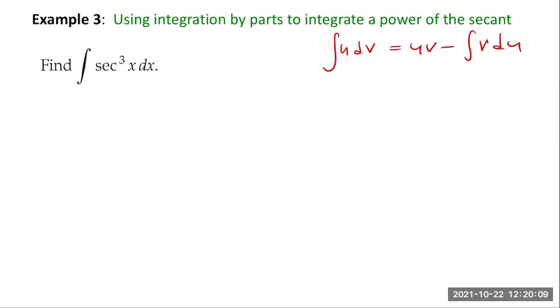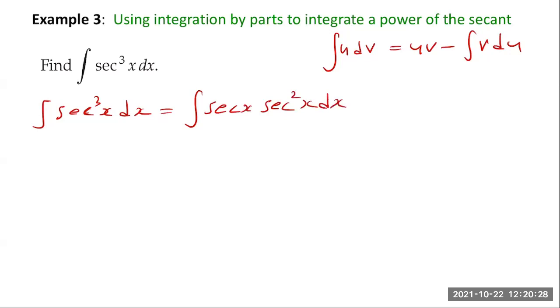I'm going to rewrite my original integral secant cube x dx this way: secant x times secant squared x dx. Now I'm going to make my identification. I'm going to identify this function as my u and this as my dv. I'm going to take u is equal to secant x.